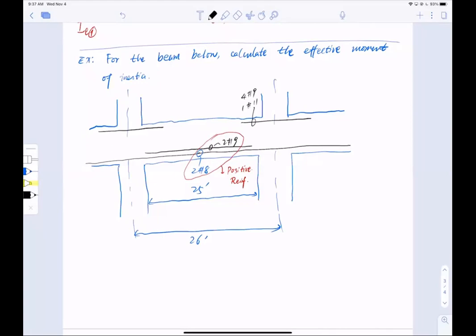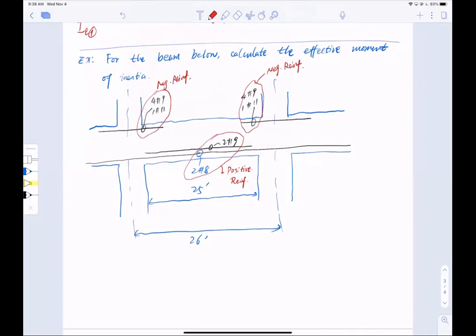It's quite a bit. And same thing here: 4 number 9 bars, 1 number 11 bar. Pretty big. So I call this negative reinforcement.